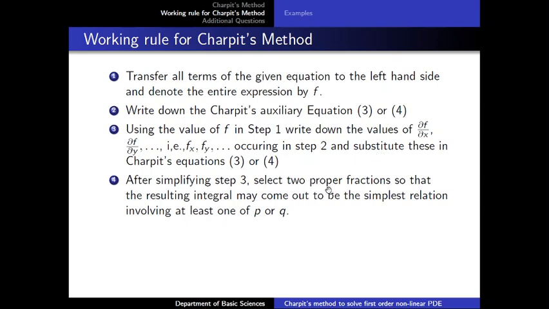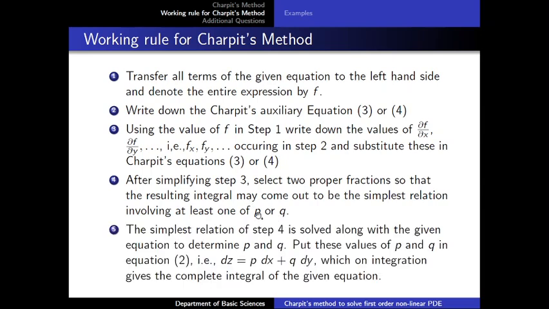After that, we will select two fractions from the auxiliary equations such that the resulting integral comes out to be the simplest relation involving at least one of p or q. It means that from the auxiliary equations we choose two pairs so that we should be able to evaluate either p or q.